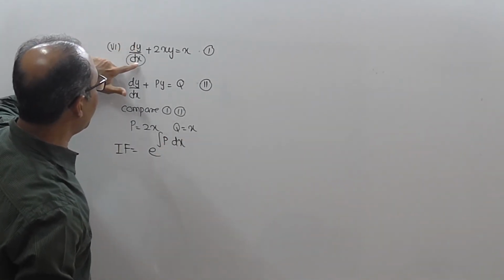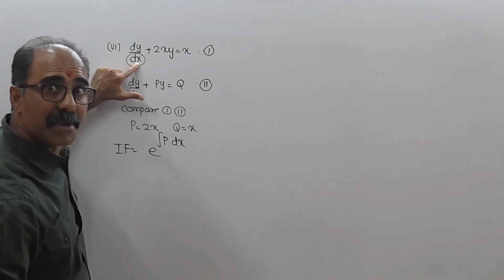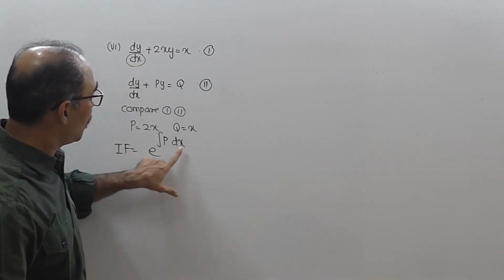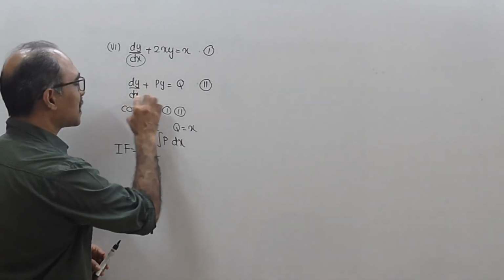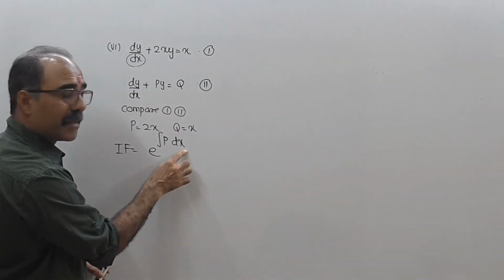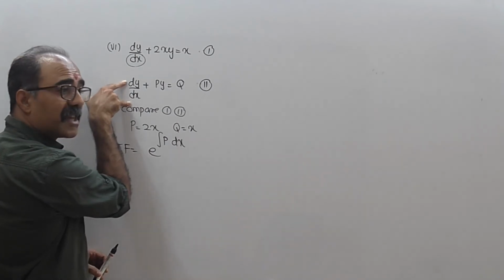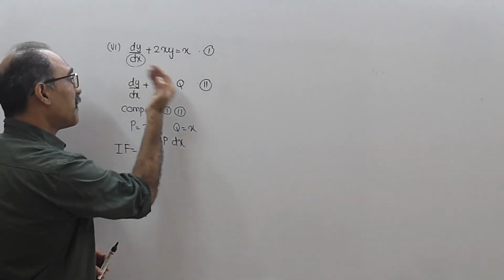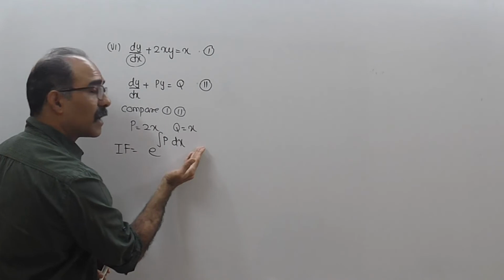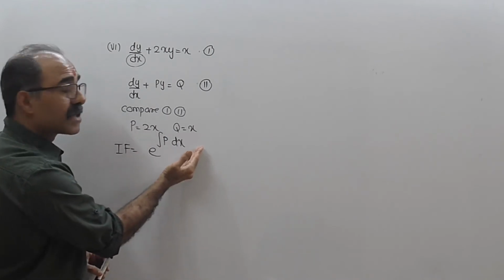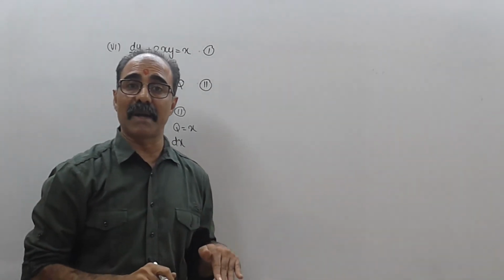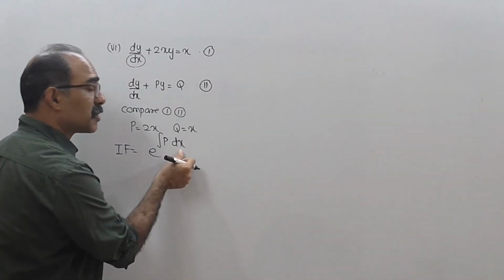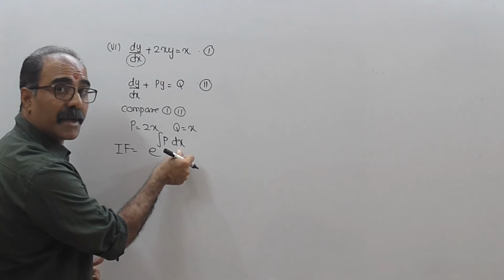If it is dx by dy, if dy is in the denominator, that means you are differentiating with respect to y, so instead of dx you will have dy. Remember this. If dx comes here, the integration will also be dx, because dy by dx means I am differentiating y with respect to x. So if I am differentiating y with respect to x, I will integrate also with respect to x. If I am having dx by dy, that means I am differentiating with respect to y, so I will also integrate with respect to y only here.